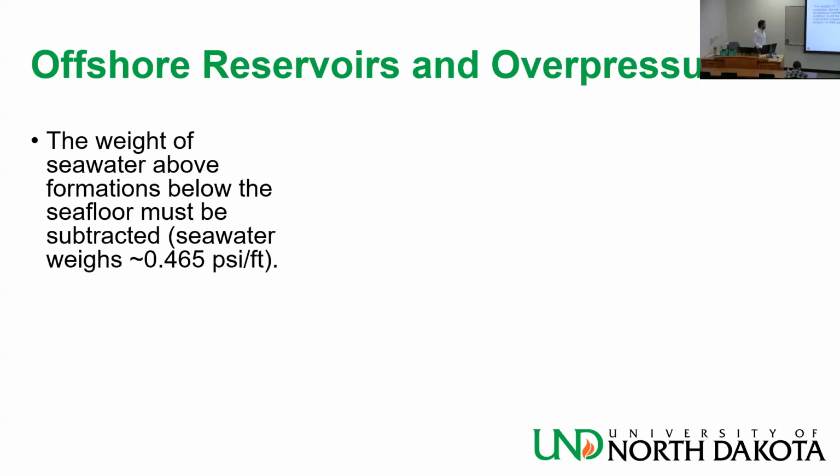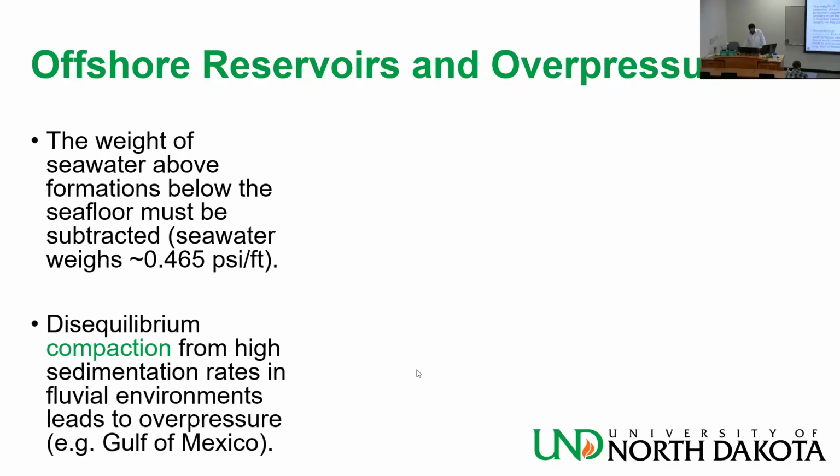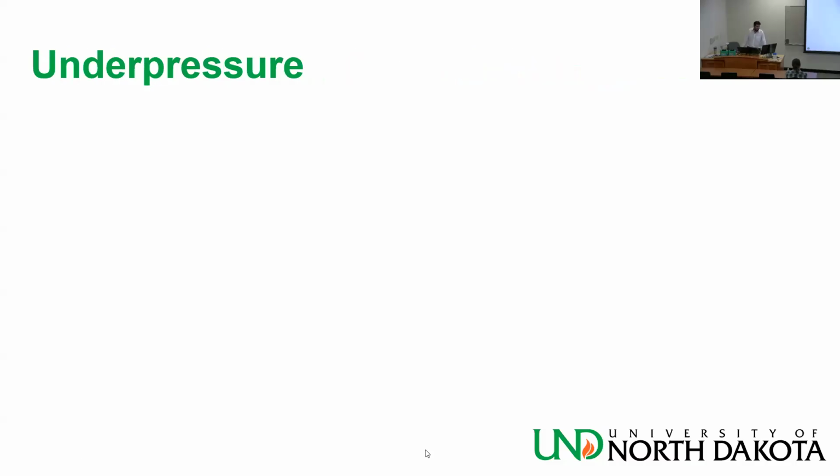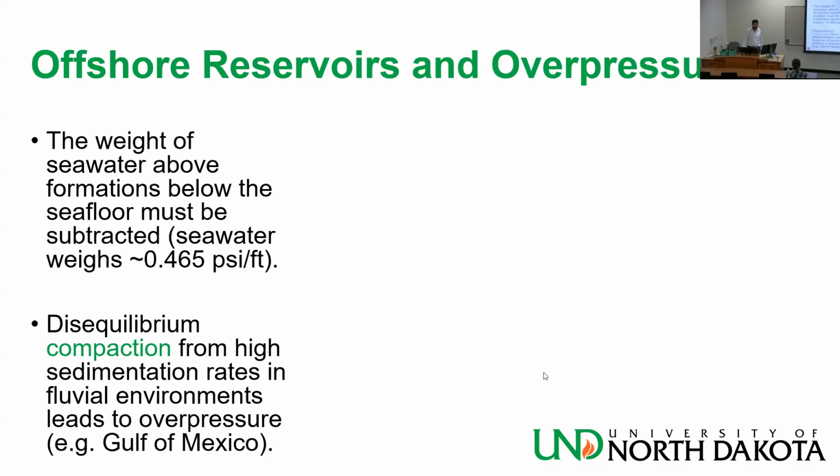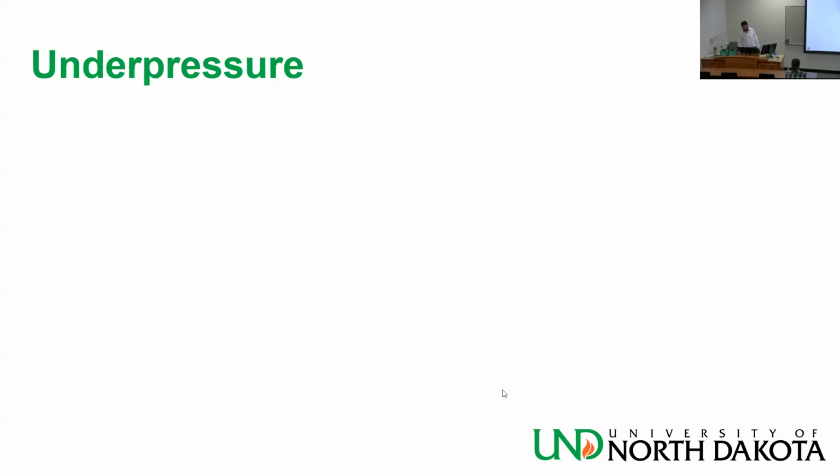Don't kill yourself with this theory, don't memorize a lot of stuff unnecessarily, just know what they are, but don't know every detail, okay? Disequilibrium compaction is what we talked about, and we gave you the example. Very, very important. And then you can also have underpressure, which is the opposite of overpressure.